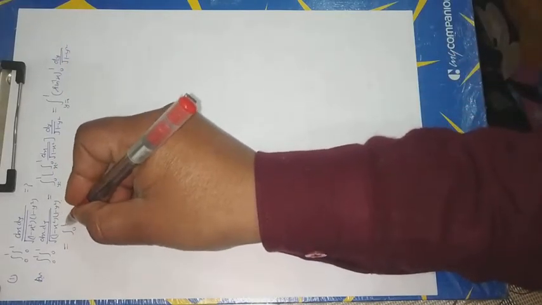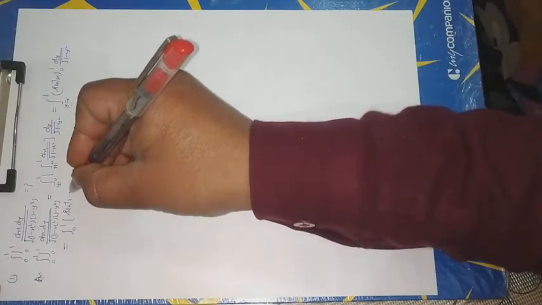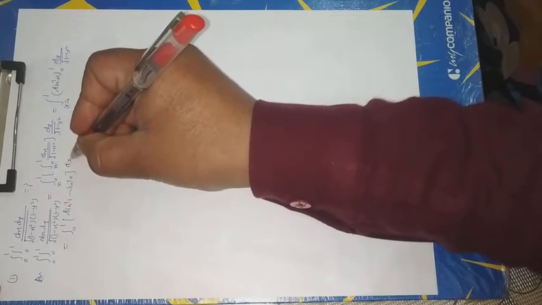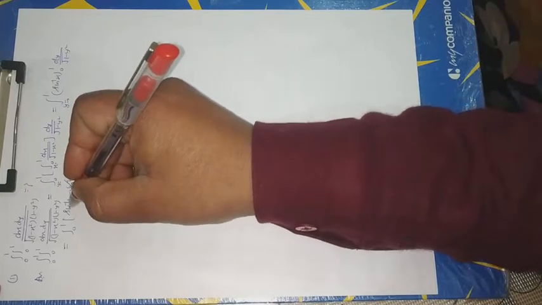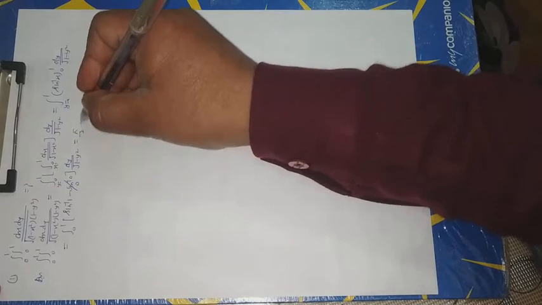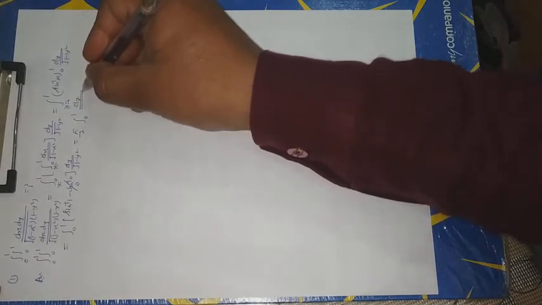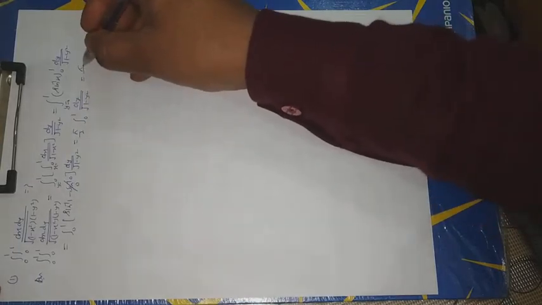Now integral limit 0 to 1, the value of sine inverse 1 minus sine inverse 0, dy upon under root 1 minus y square. This is equal to 0, this is equal to pi by 2. Now pi by 2 is common. Integral limit 0 to 1 dy upon under root 1 minus y square, this is equal to pi by 2.